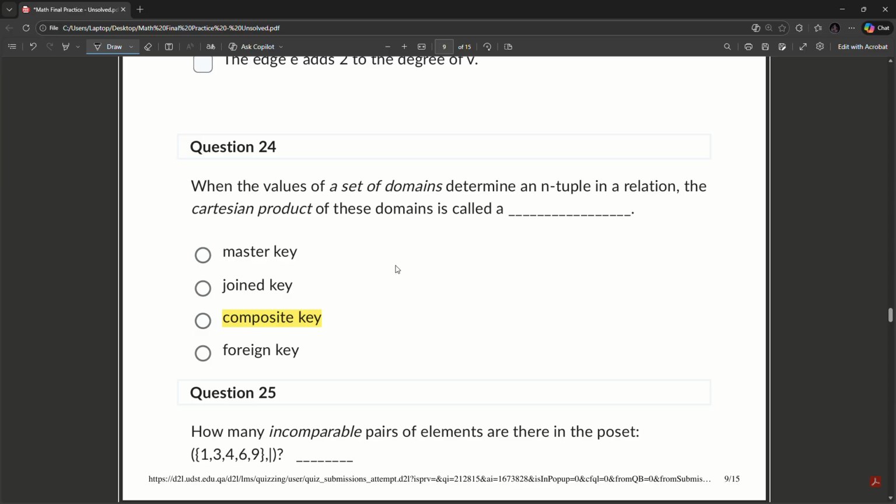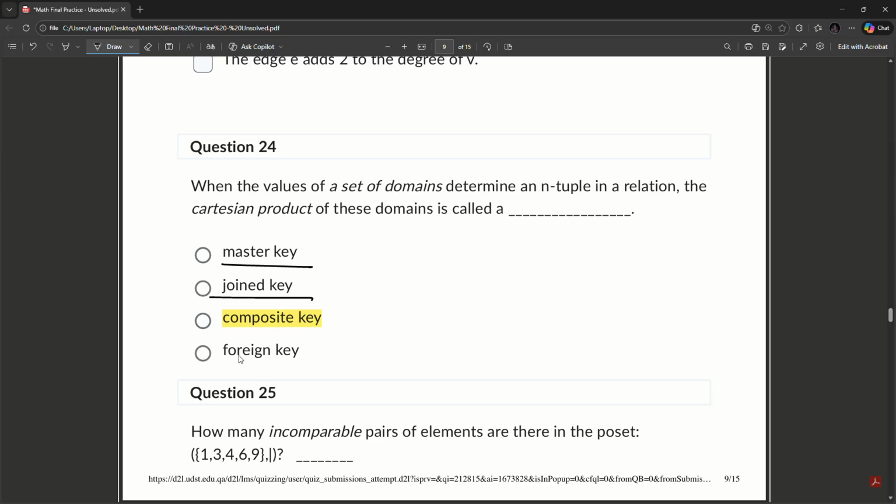And those two primary keys have multiple different, sincere apologies. Okay, so back to the question. Master key and joint key do not exist, right? They are not terms in a relational database. So it's literally either a composite key or foreign key.